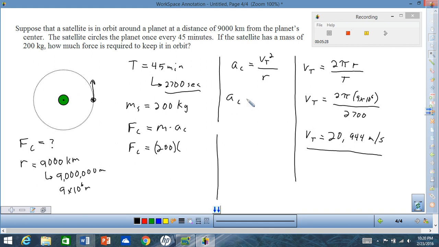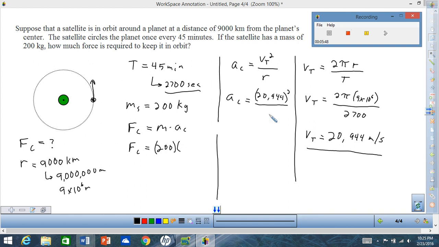Well, let's bring that over here and put that into our expression for centripetal acceleration. So 20,944, and remember that number is going to be squared. Be very careful with your order of operations so that you don't do things out of order and get an incorrect answer.